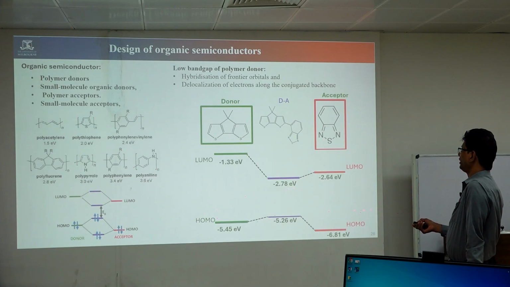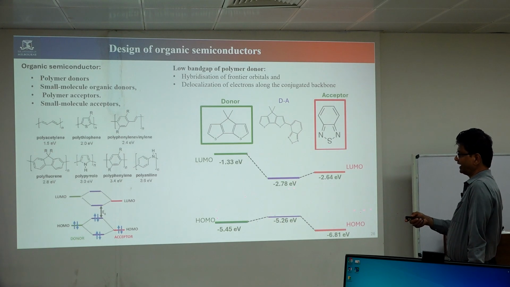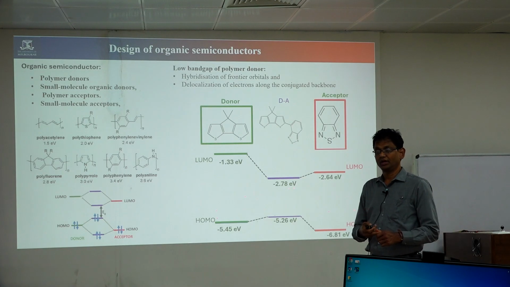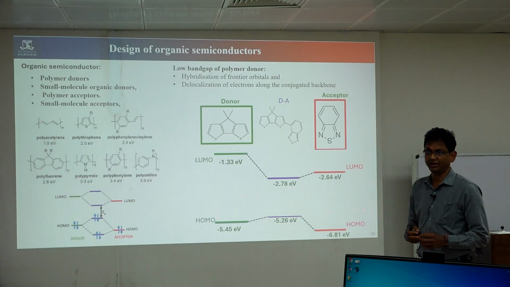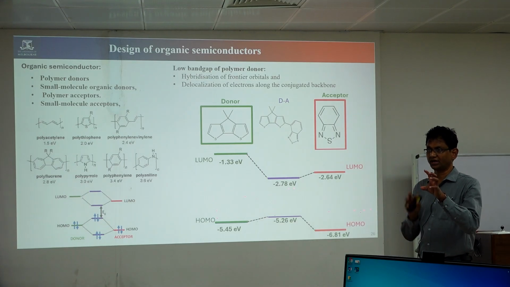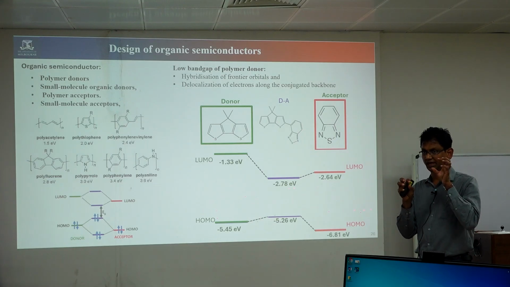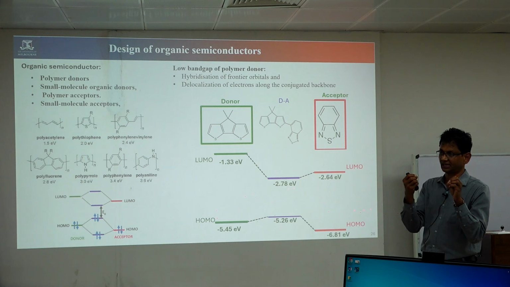Okay, so far we have seen the criteria. Another thing I want to show is the donor-acceptor concept. As I said earlier, to get a good low band gap, another option is to alternate donor and acceptor. This causes the push-pull effect, because the electron rich compound pushes electrons and the acceptor pulls electrons.